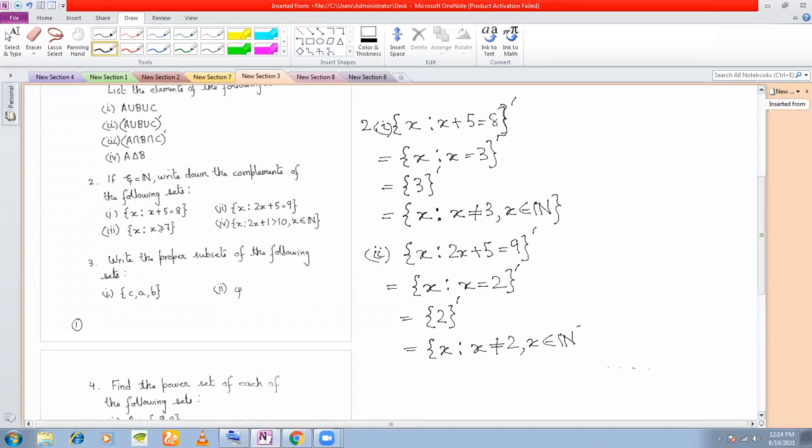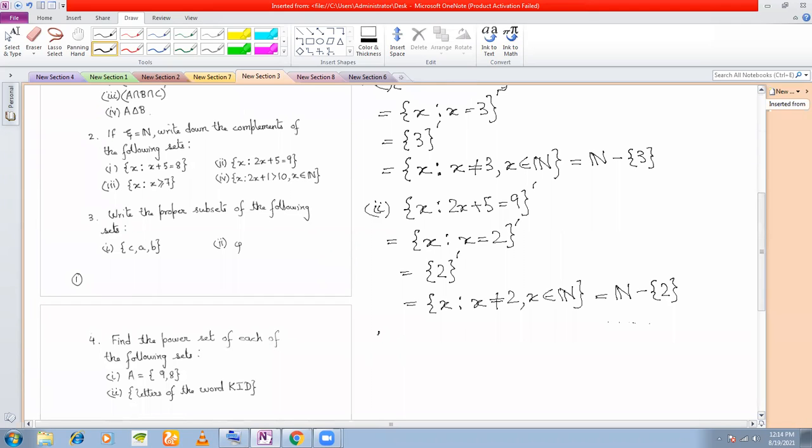That means the complement is the set of all natural numbers except 2. In fact, you can write these as the set of natural numbers minus the singleton set {3}, and the set of natural numbers minus the singleton set {2}. Are the notations clear to everyone?